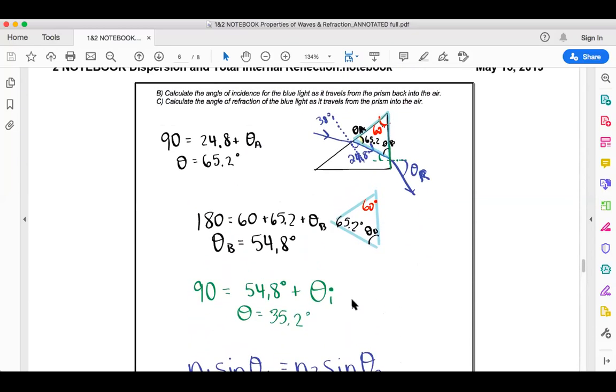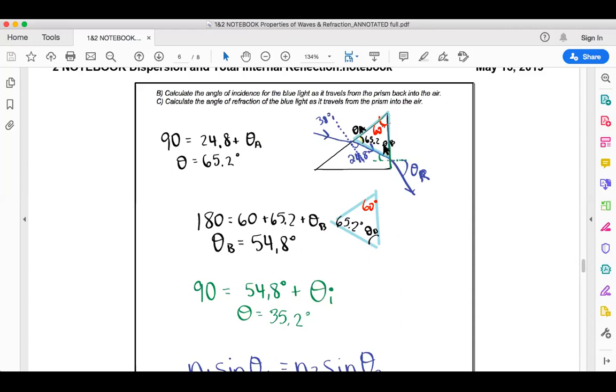And then the angle of refraction of the blue light, this angle there, 35.2. How did we get that? 90 minus 54.8. Let's do that just to make sure. Do you see this green X right here, between the normal and the boundary?